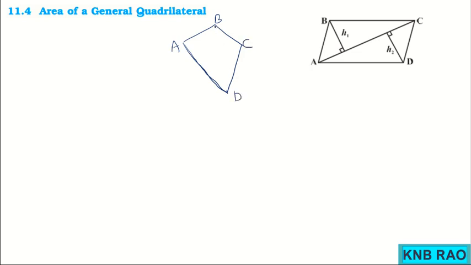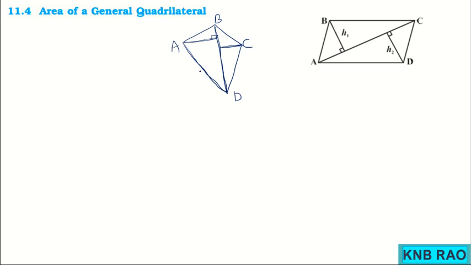Suppose if I construct a quadrilateral having one diagonal, let us say diagonal BD is known to us, and if I draw perpendicular to the opposite vertices of that diagonal, they are going to decide area. See children, this diagonal BD divides quadrilateral into two triangles. Triangle ABD is one, triangle CBD is another.